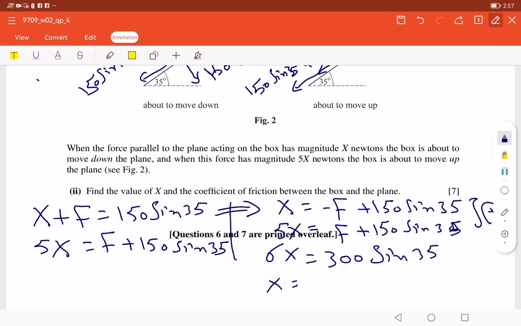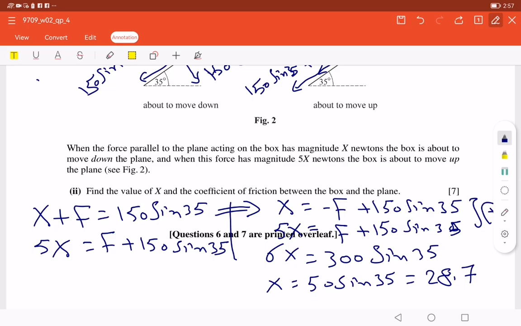So x will be 50 sine 35. Using your calculator, the answer will be 28.7, corrected to 3 significant figures. It's okay? Yeah.